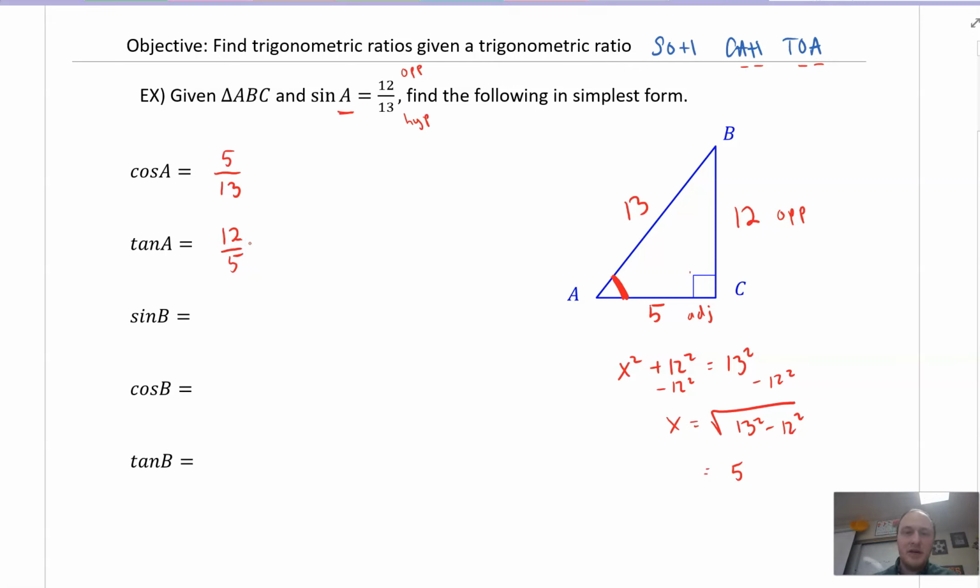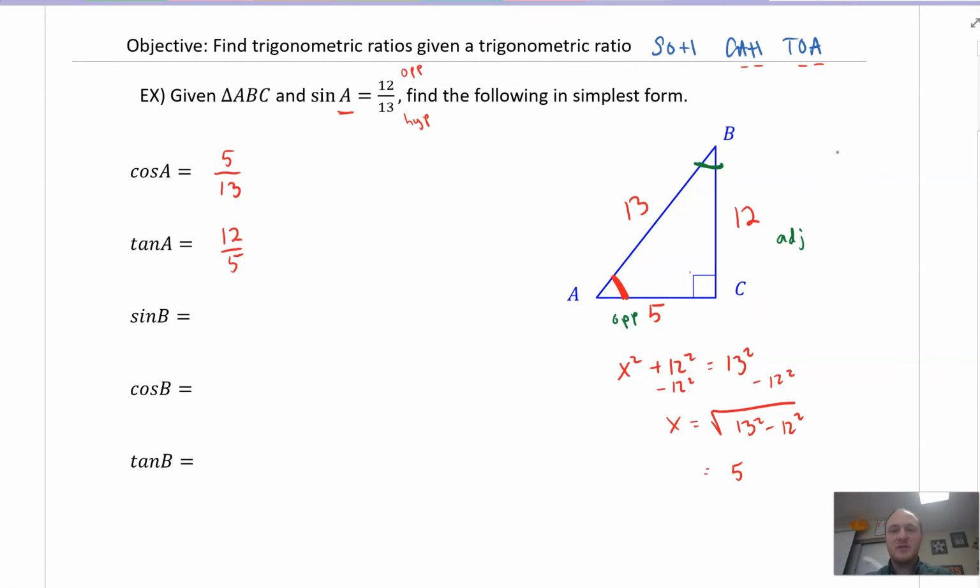Sine of B. Now I'm going to switch my colors and scratch these out because now I'm in angle B. The side opposite of angle B is right here. This is opposite, and the side that's adjacent is this side. So it changes. Remember that. I'm going to erase this just so there's not confusion.